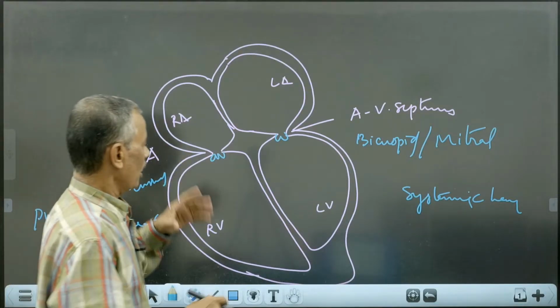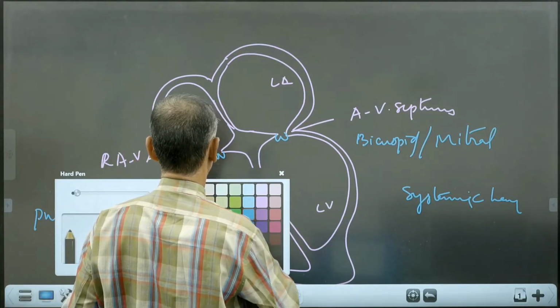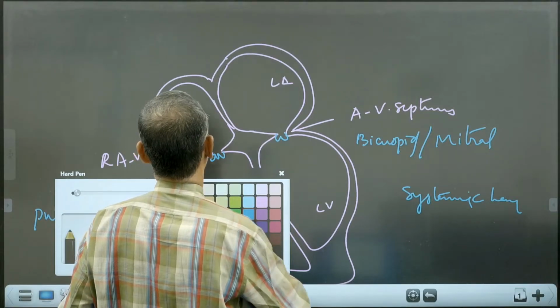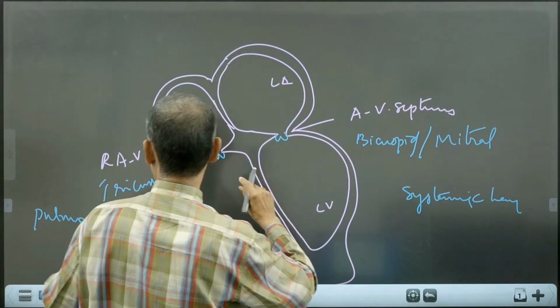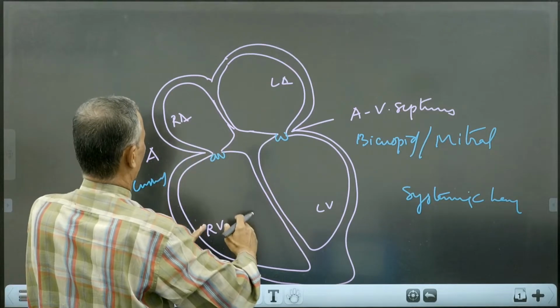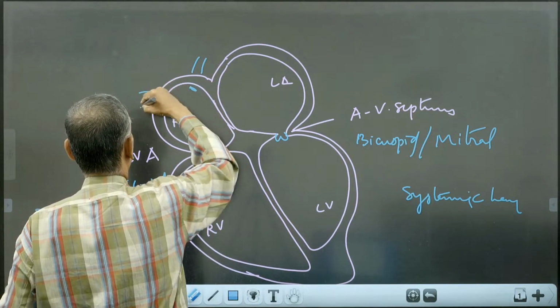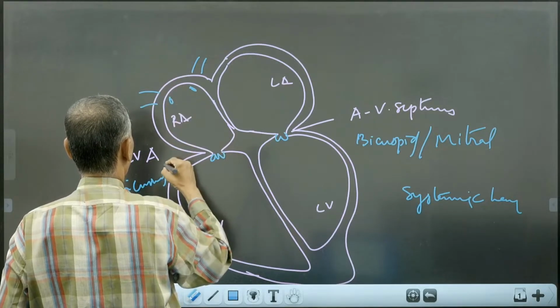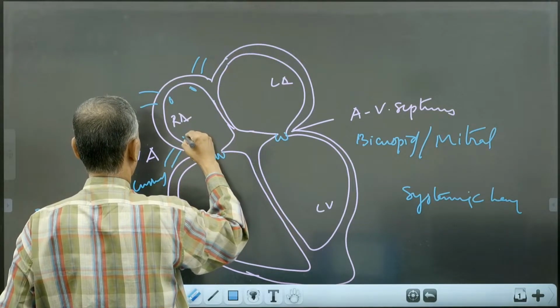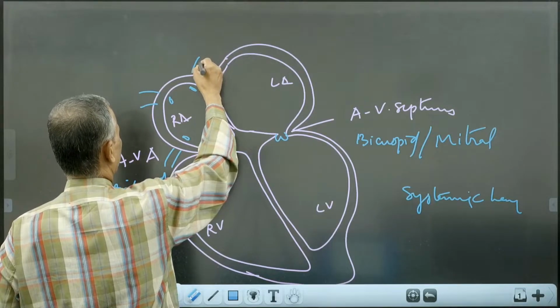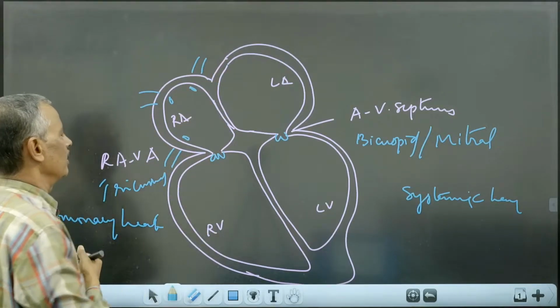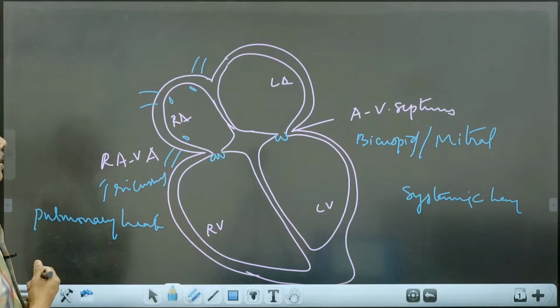Now, how is the blood coming to the atria? I told you that the right side is concerned with impure blood. So, impure blood is coming through the three main veins called vena cava. A pair of superior vena cava and a single inferior vena cava. All of them open to the right atrium.